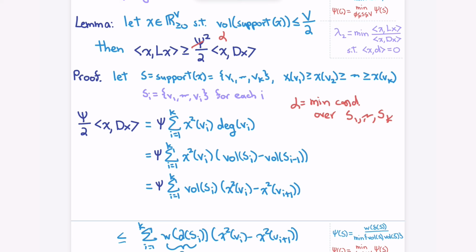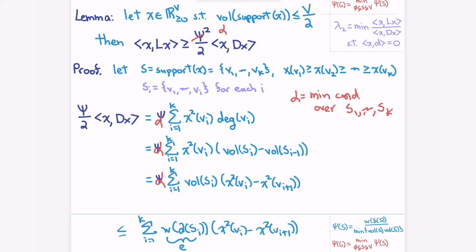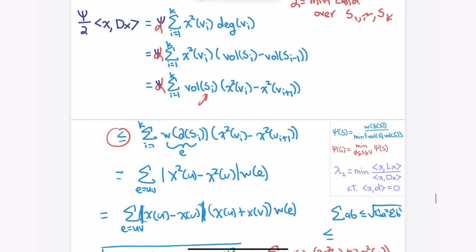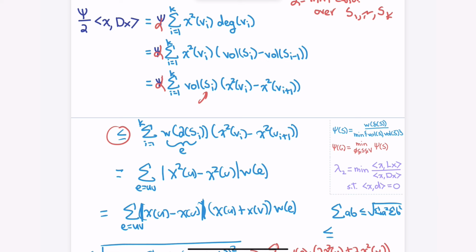Then all of these become alphas, and here you're only looking at the sets Si, so this part is still okay. That'll show it's ultimately okay. You can also pull out the line sweep from this, but I've gone way over.